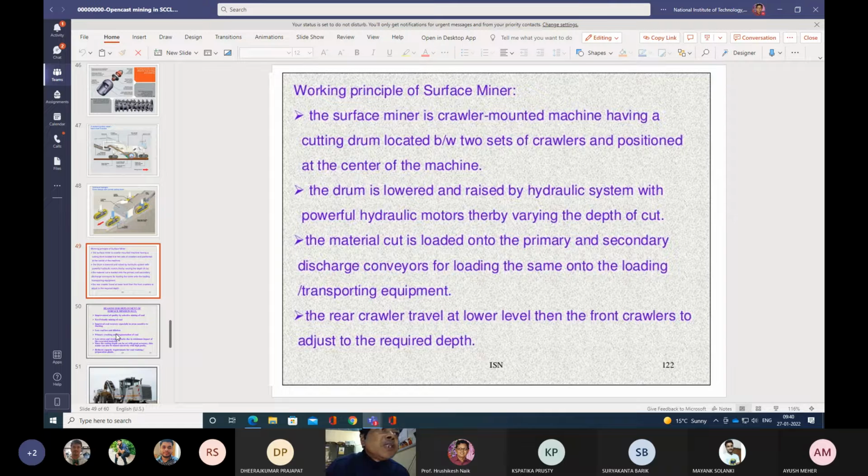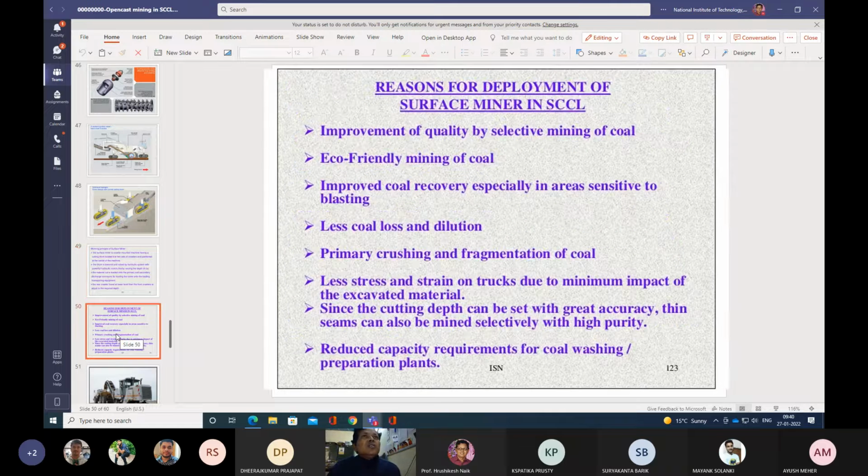So why is this surface miner technology deployed in surface mining? The reason for deployment of surface miners in coal mines is that it improves the quality of coal by selective mining.